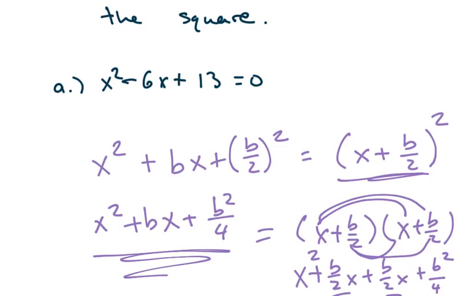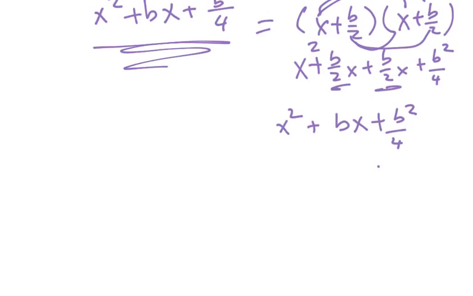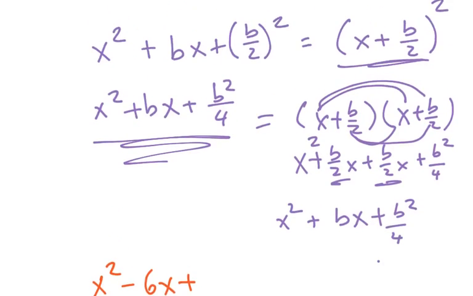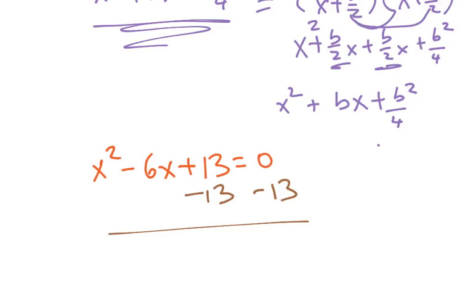So all we have to do in this particular problem, let me rewrite it down here, x squared minus 6x plus 13, all I need to do is move 13 to the other side, and then complete the square.